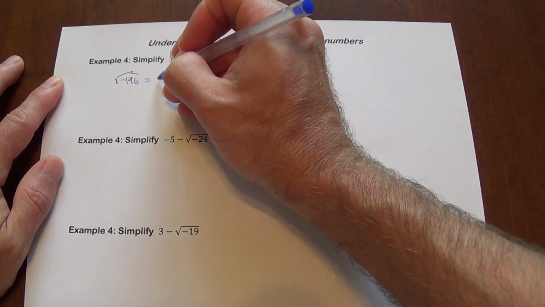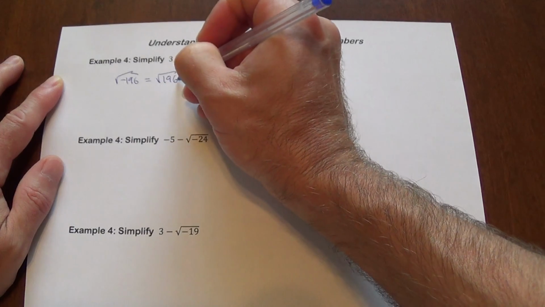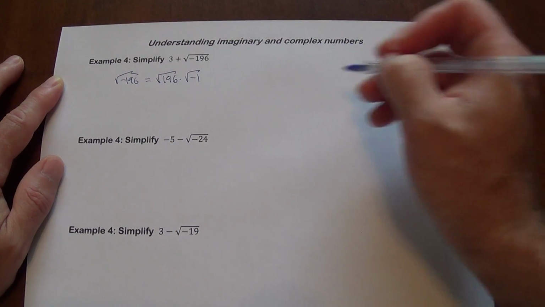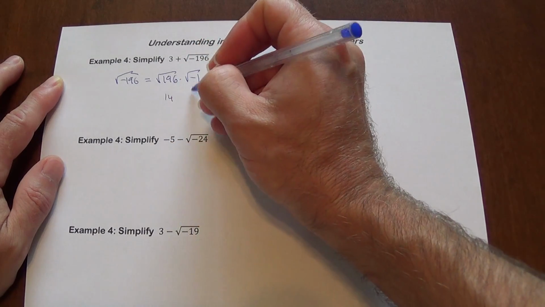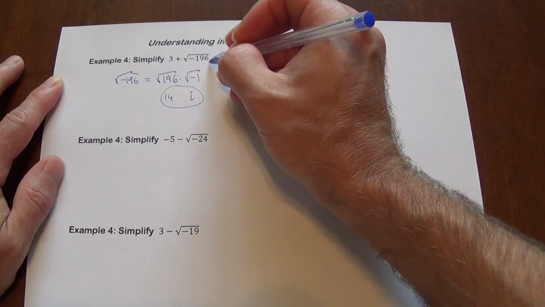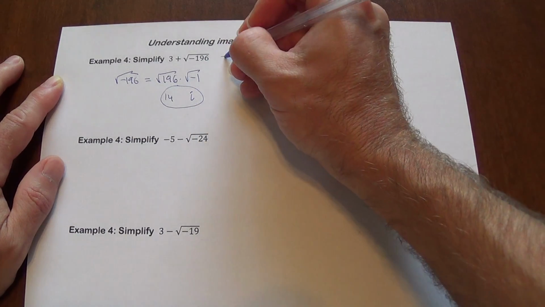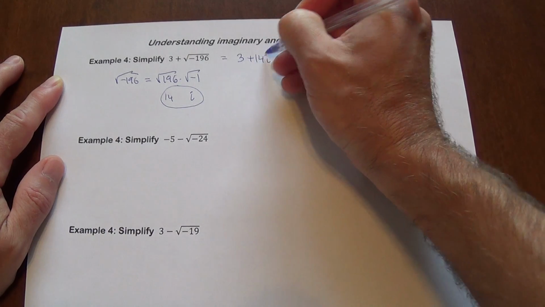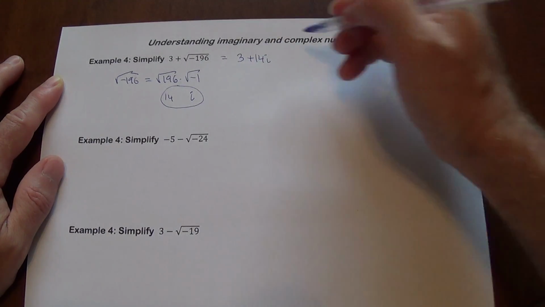We do the same thing: 196 times -1, and I can split it up at the same time. So this is 14, this is i. So we have 14i, and we still have 3. The answer is 3 plus 14i. And that's the answer.